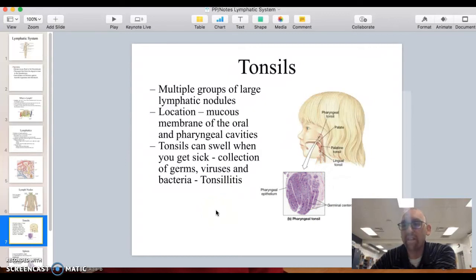So like as different germs and infection is making stuff, it's going to build up in your lymph nodes. And that's often why your tonsils, like people who get tonsillitis and stuff like that, are going to swell. It's the same reason why the doctor often feels your lymph nodes underneath your neck right here, because if they're swollen, that's a sign that there's some sort of infection somewhere in your body.